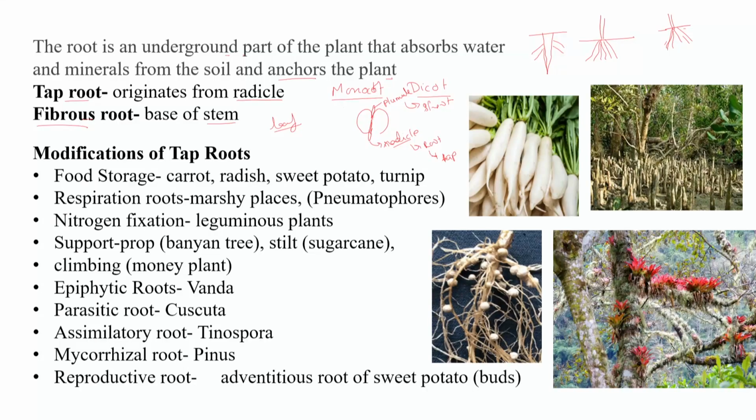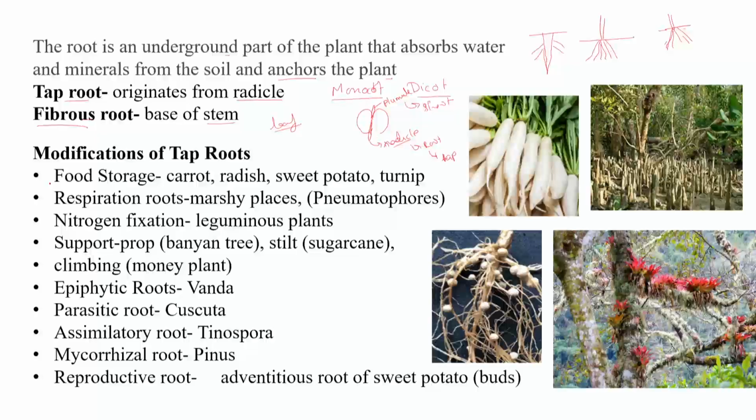Now root, along with performing its main function of absorption and providing anchorage, has many other roles assigned to it, and many other modifications are made. It's not only modification of tap root, but many fibrous roots could also be modified. The first important modification is for food storage.